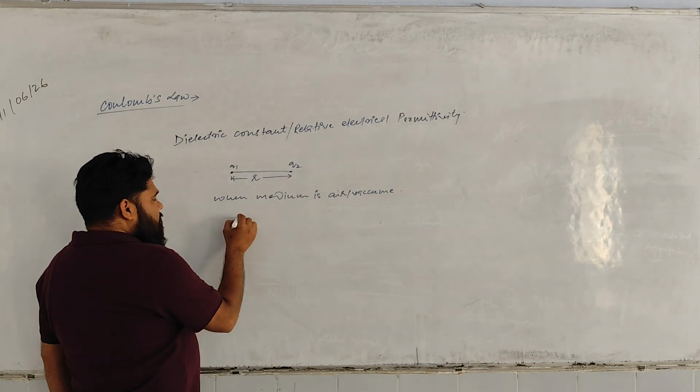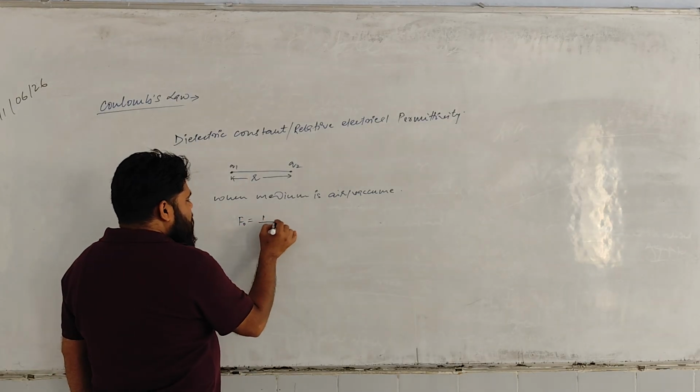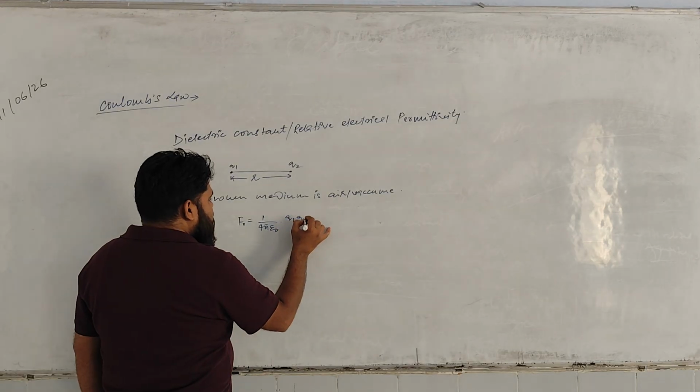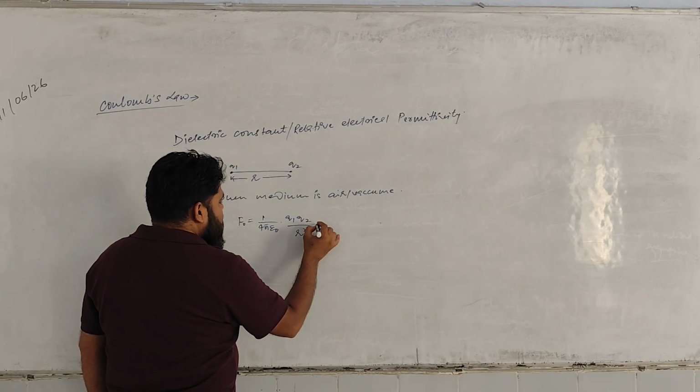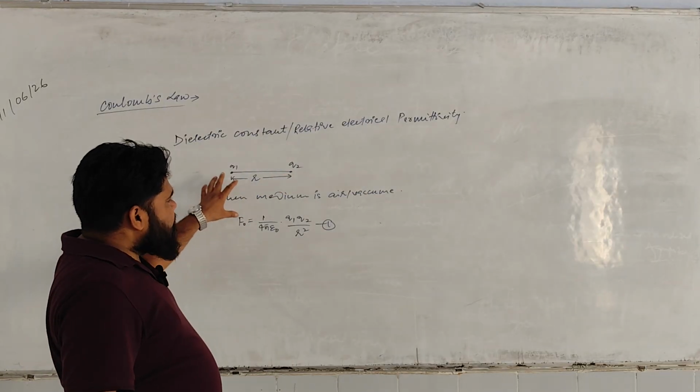From Coulomb's law, the force between them, denoted by F naught, is equal to 1 over 4 pi epsilon naught Q1 Q2 over r square. Equation number 1.